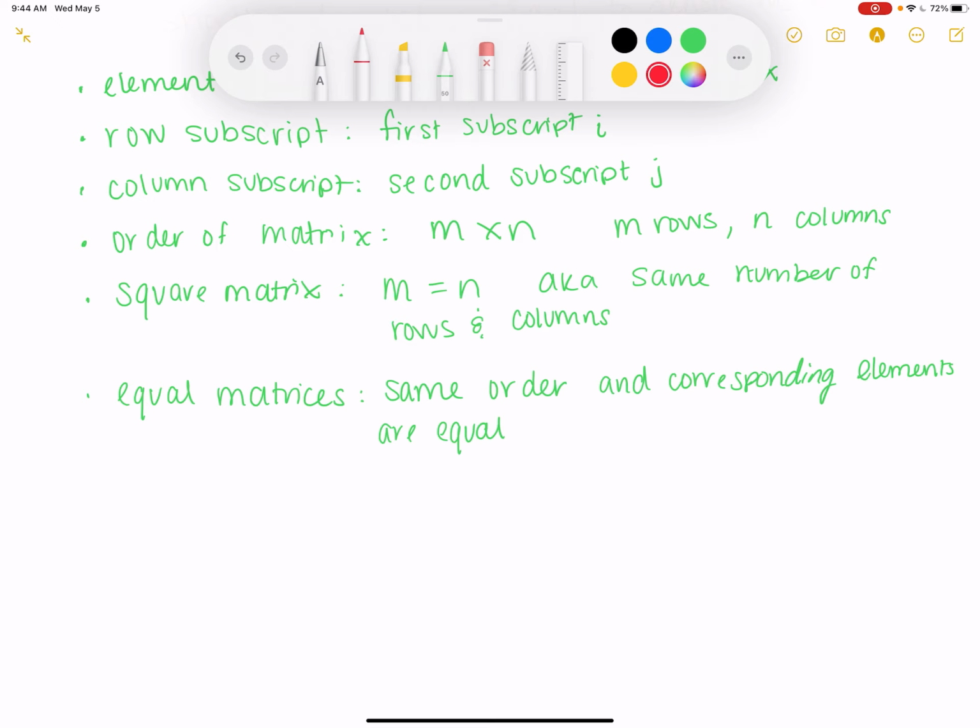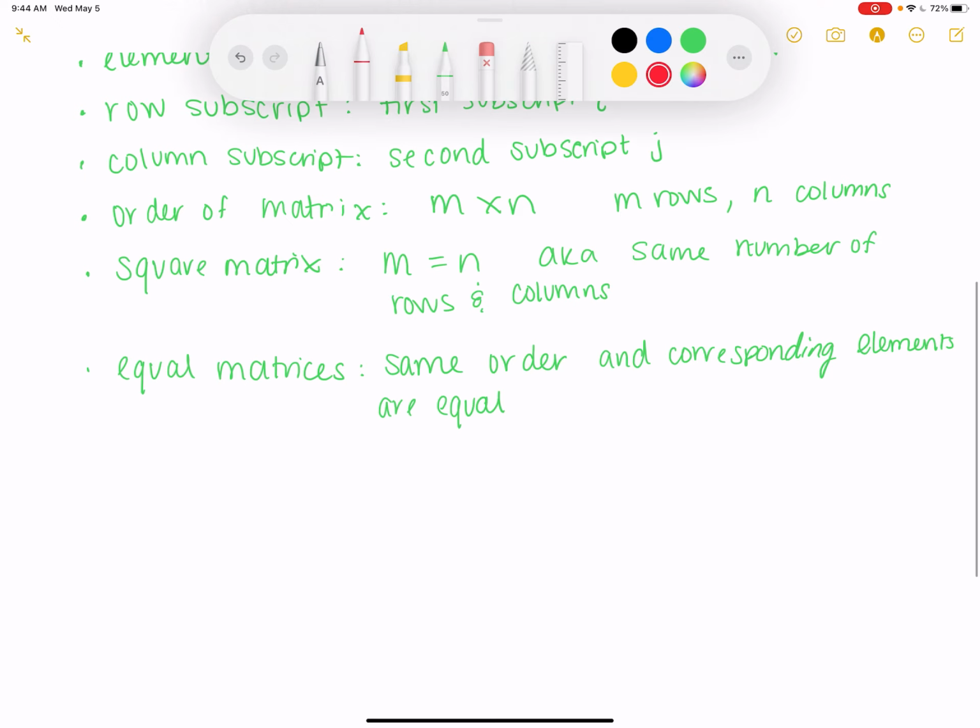Let's take a brief pause from the definitions to talk about matrix addition and matrix subtraction.